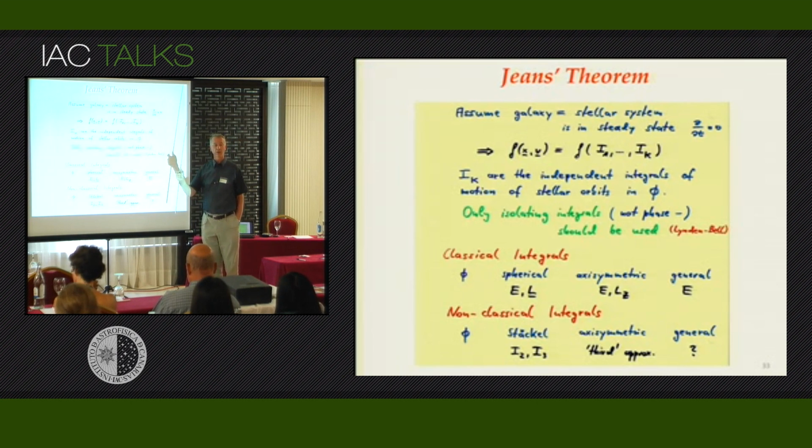Now, examples, let's look at the classical systems. In a spherical potential, we have the energy as one integral of motion, and the 3 components of the angular momentum as integrals of motion. So that's actually 4.